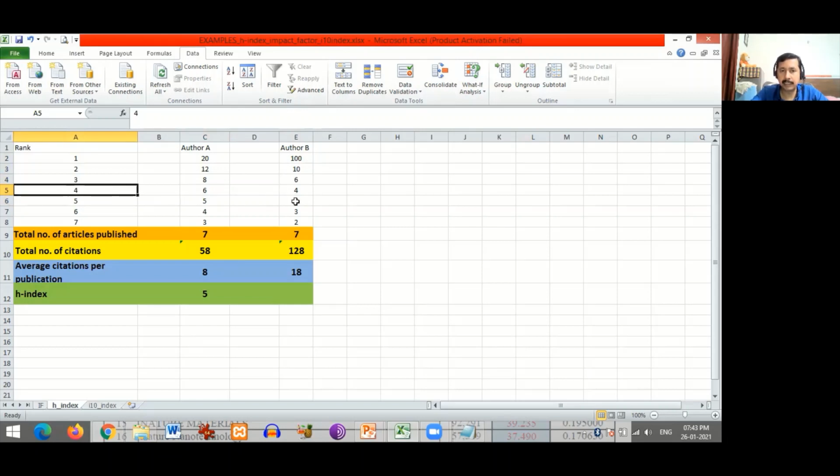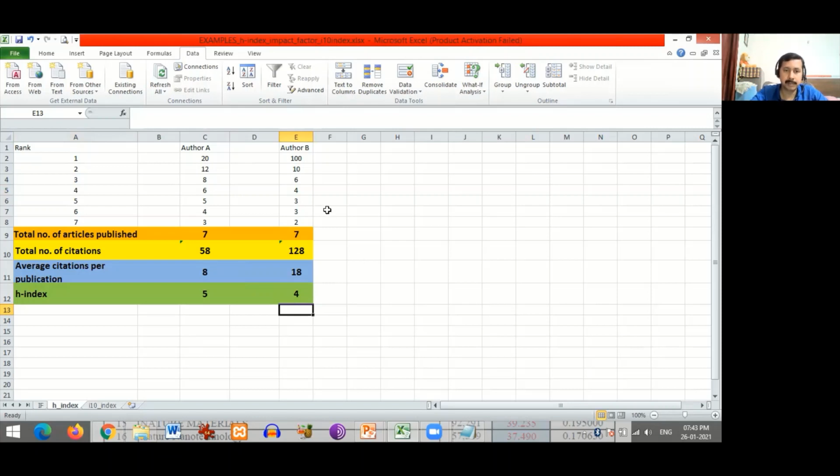Let's go down and see 3 is less than 5, therefore I should stop here. 4 is equal to 4, therefore the H index of author B is 4. That means author B has 4 articles having 4 or more citations.